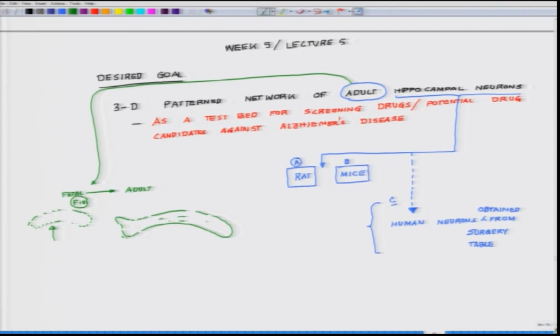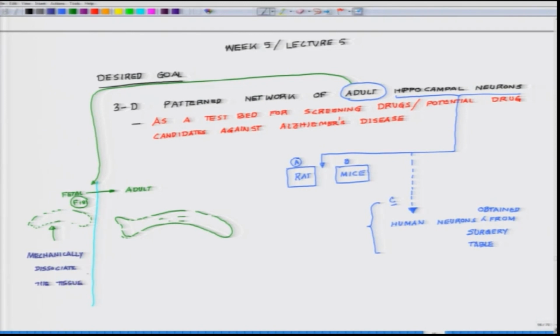Now, this tissue, as compared to the fetal one, cannot be dissociated by a mechanical route. In the case of fetal, you can mechanically dissociate the tissue.